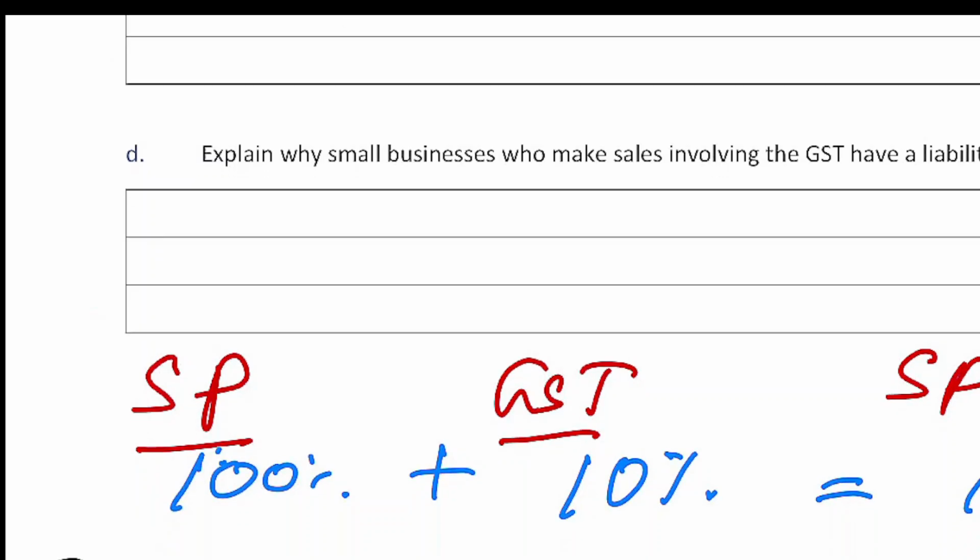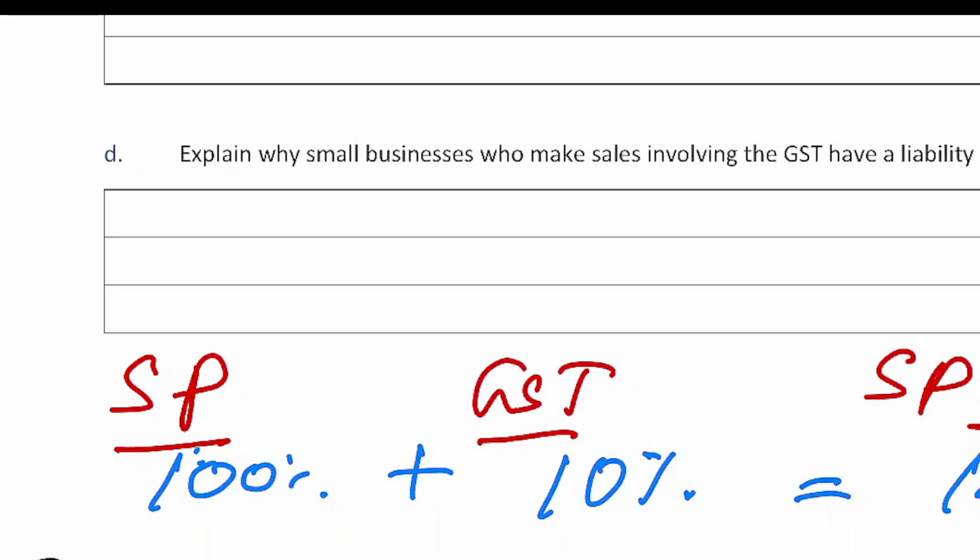Part D. Explain why small businesses who make sales involving GST have a liability to the ATO. Not only small businesses, usually any business. But why do they specify small business? I have told you, but probably you might have forgotten.